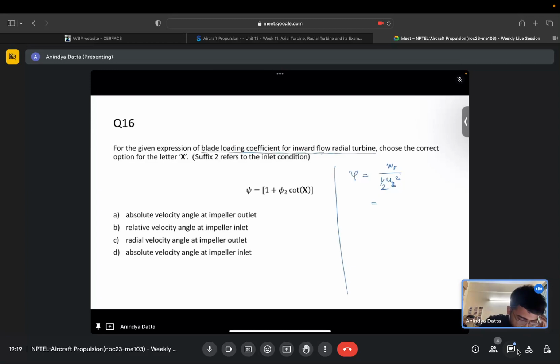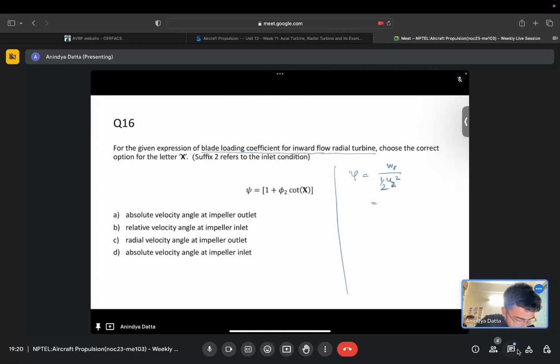Okay, I have seen that when we do it for centrifugal compressors and radial flow turbines, the denominator is just u2 square, but in the case of axial flow machines it's using half u2 square. But okay, let's do it using half only.